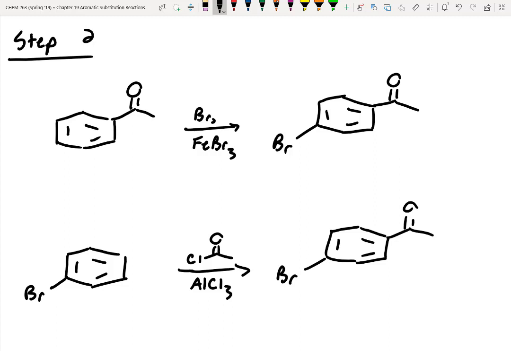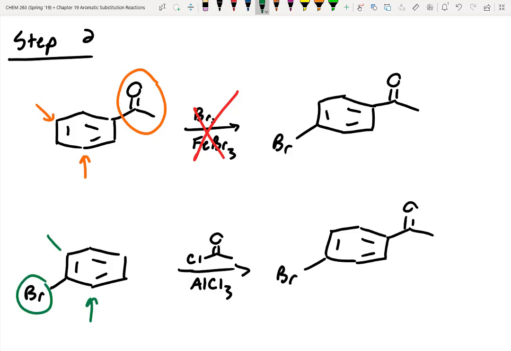All right, so same idea with the top one. We've got this acyl group. Again, we said that that would be a meta director. Will this reaction work? No. Well, it would work. We just wouldn't get the right regiochemistry, so we could cross that out. And then the next one, we've got bromine, which we know is going to be an ortho or a para director. Yeah, this one would work.